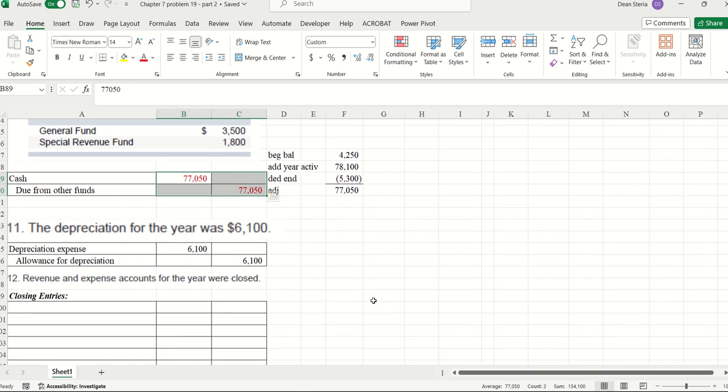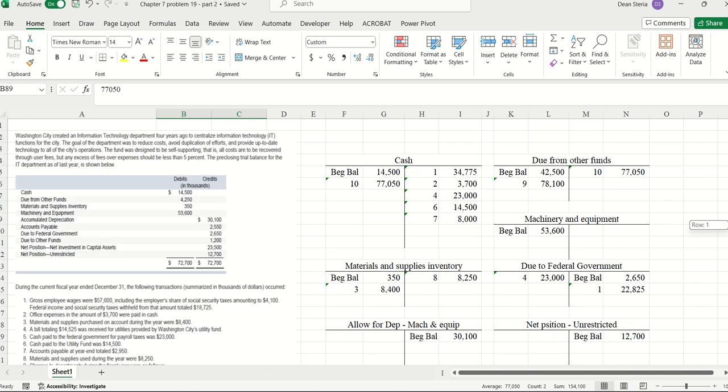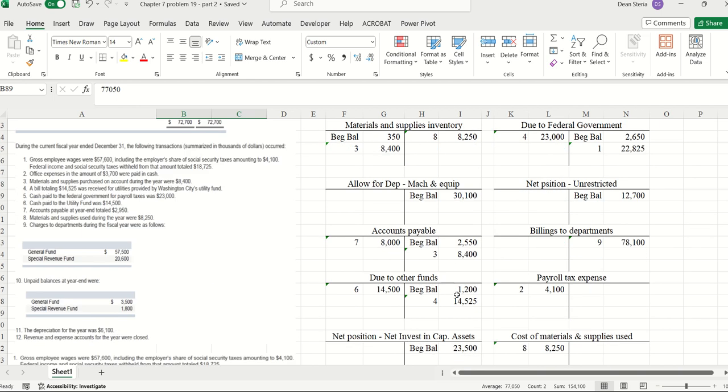Okay, and then the last one we have to do is the depreciation. So depreciation is easy because basically it's the same entry every year. So we're going to hit the allowance for 6,100, and that was 11.